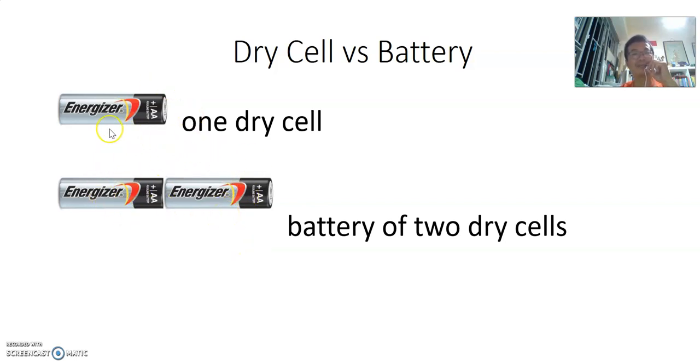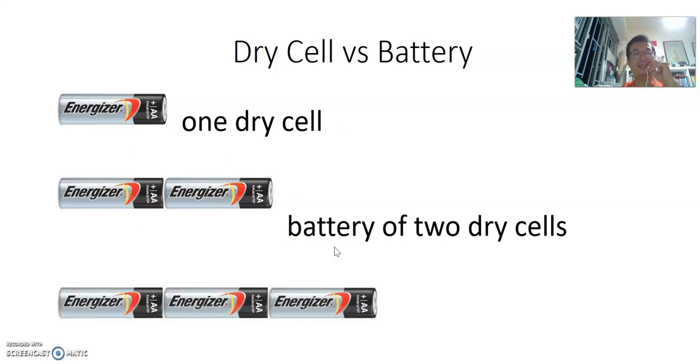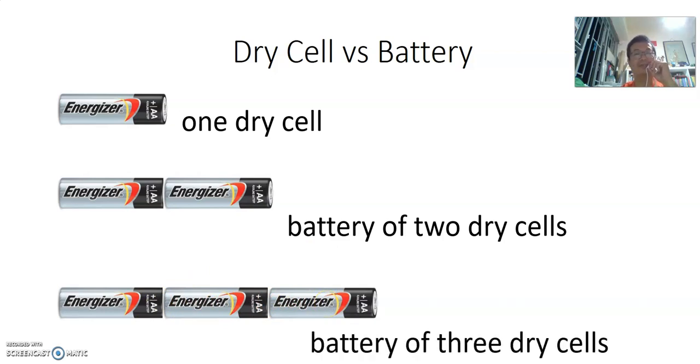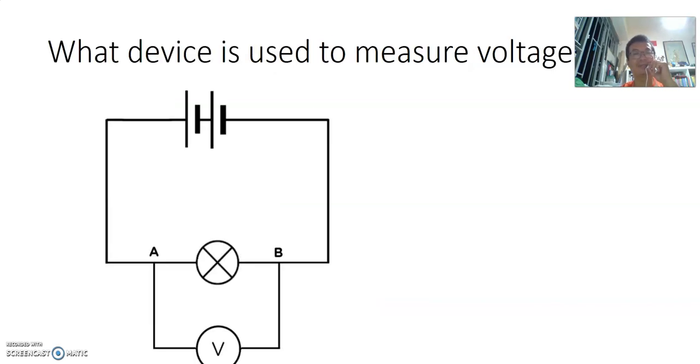So let's be clear: one is a dry cell, and more than one dry cell connected together we call a battery. Another example, we have three dry cells connected in series, and we call this a battery of three dry cells.